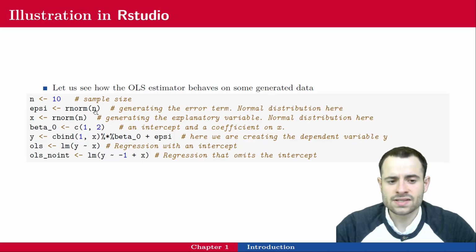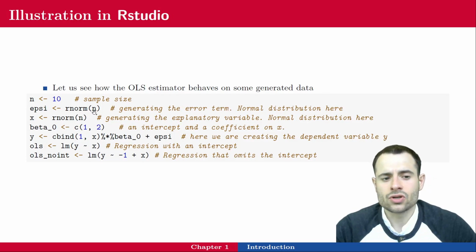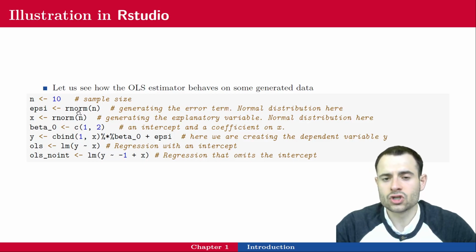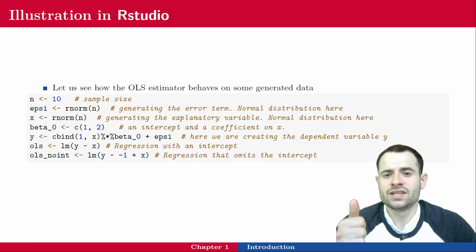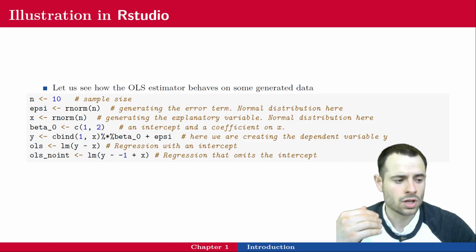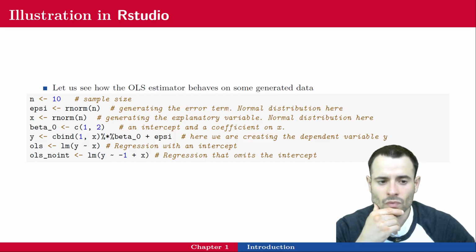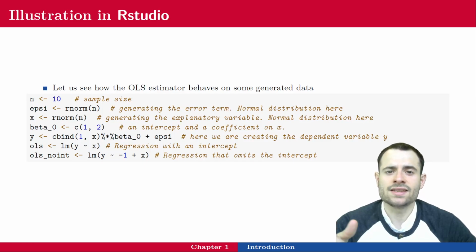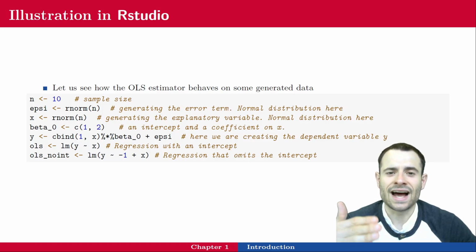N inside means that I want n numbers, where n here is this n. So I want 10 numbers generated randomly from a normal distribution with a 0 average and a standard deviation of 1. So a standard normal distribution. I generate them independently because assumption 2 says my sample should be IID.